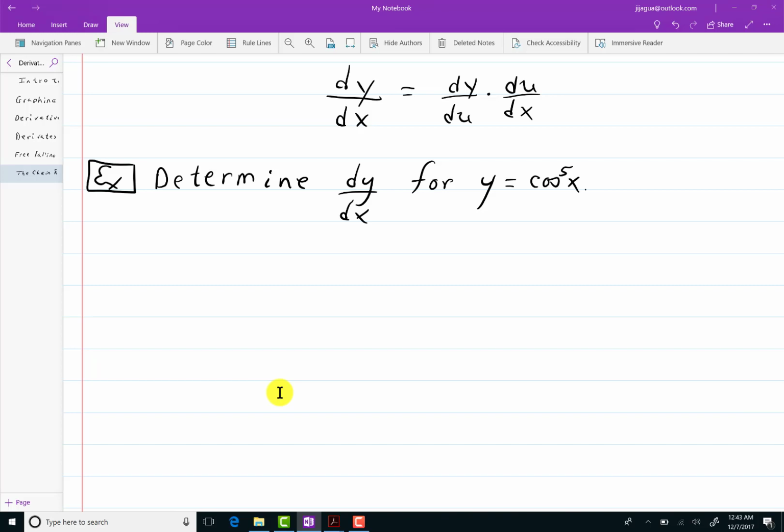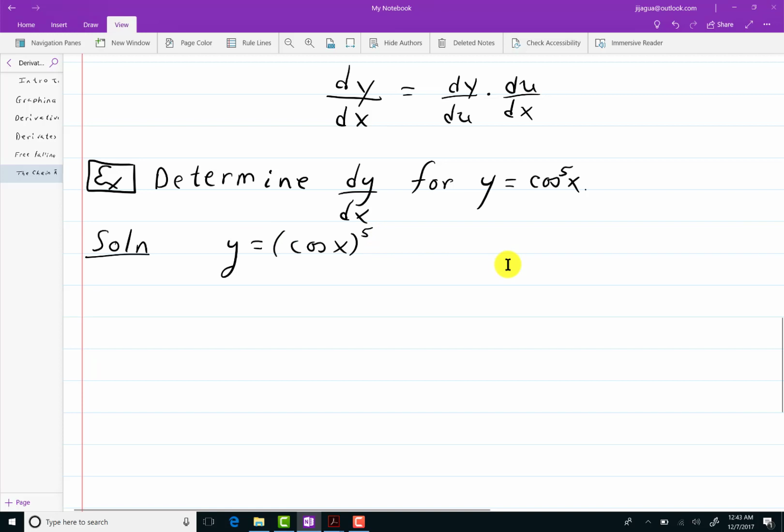Alright, so in order to make this work, I need to think of y as being part of an inner function and an outer function. So remember, y equals cosine of x to the fifth power. That 5 that's put between the s and the x up here, that's a convenience. I guess you can save parentheses by not writing that.